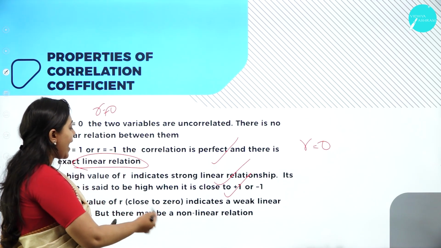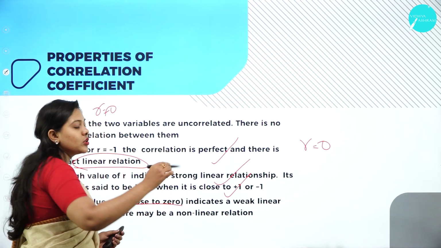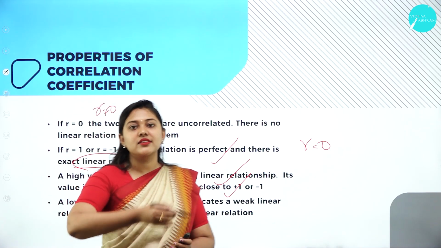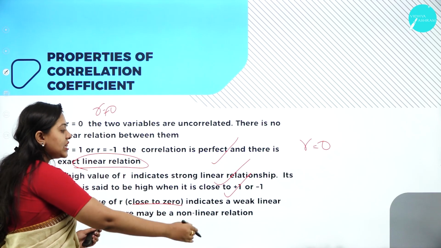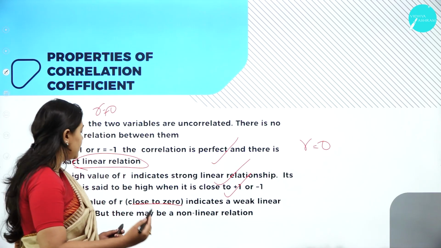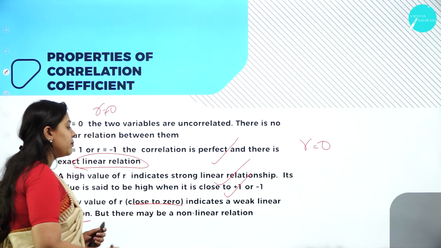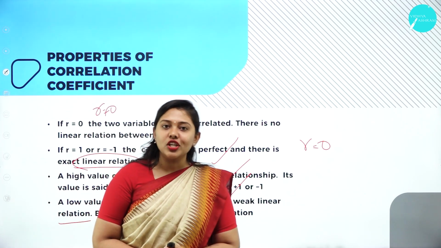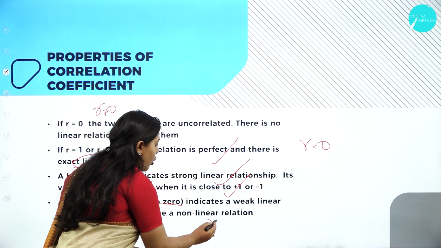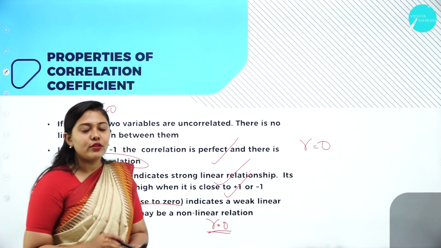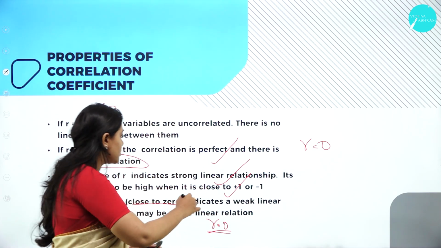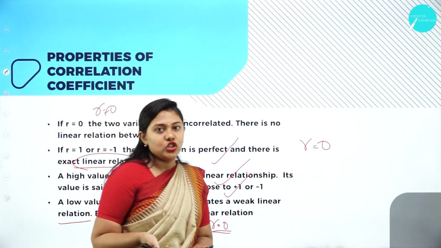If you get a low value close to 0, such as 0.44, 0.6, 0.2 or 0.5, it shows a weak linear relationship, but there may be a non-linear relationship as well. So r equal to 0 might also happen, and that is a non-linear relationship.